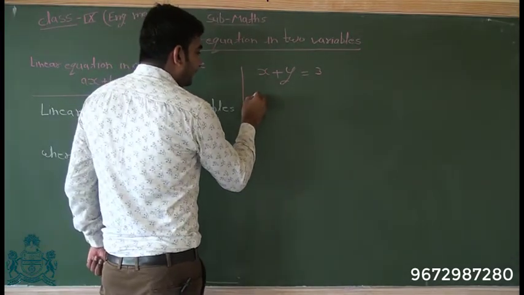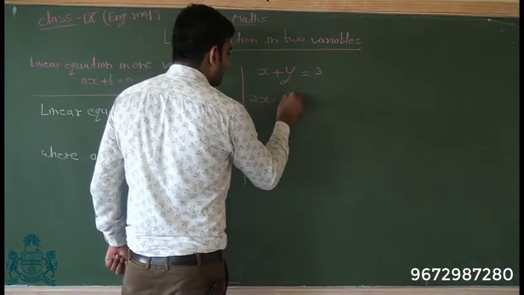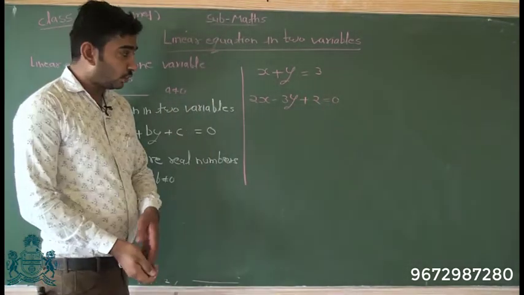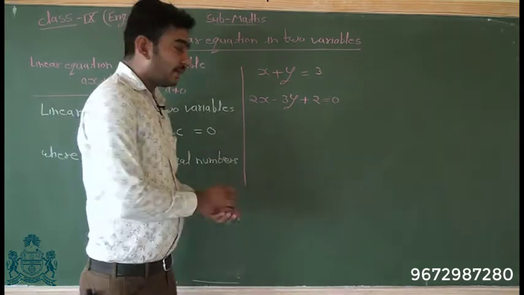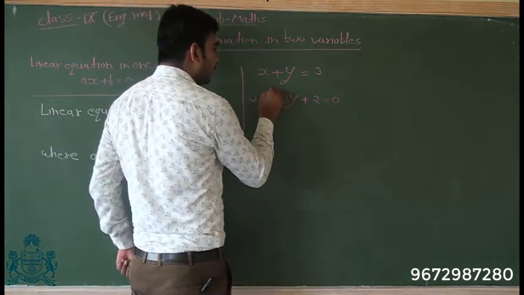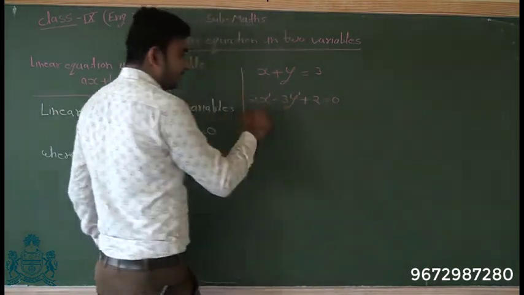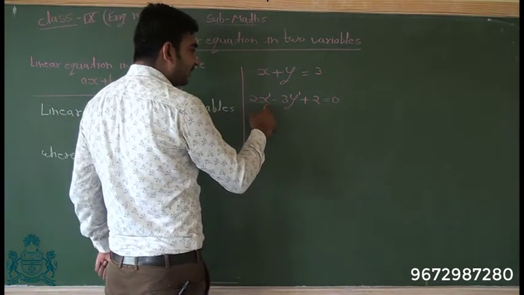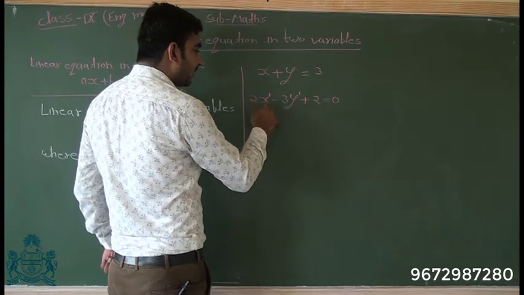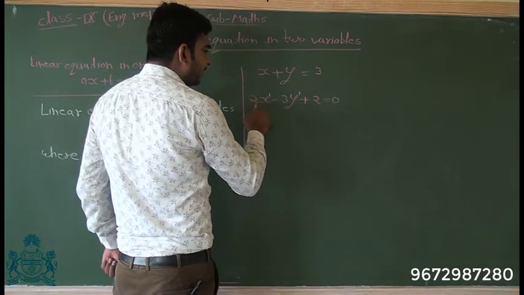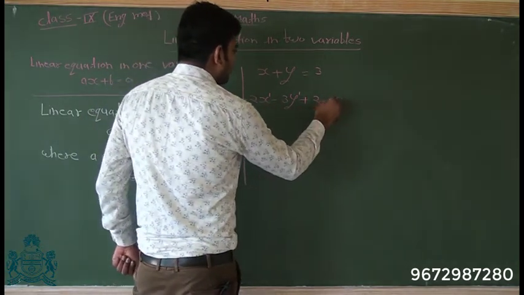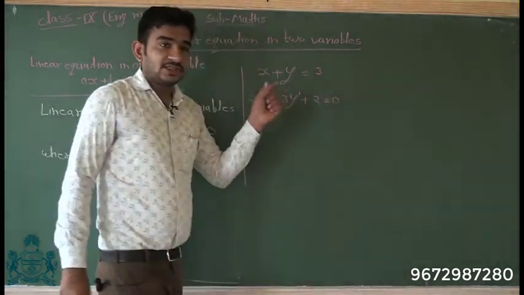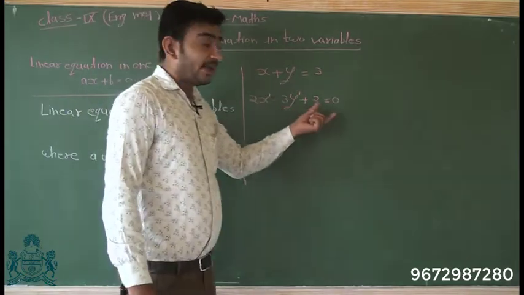Another example: 2x minus 3y plus 2 equal to 0. The two variables x and y have highest power 1, and an equal sign is used, so 2x minus 3y plus 2 equal to 0 is a linear equation in two variables.